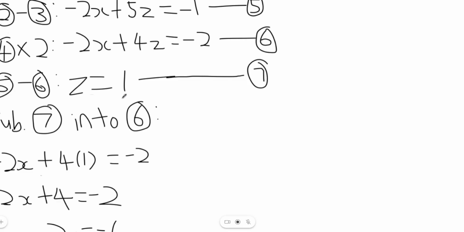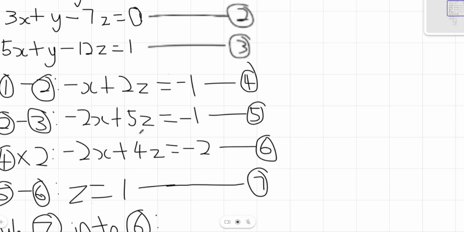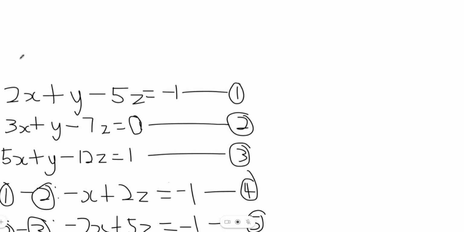Once we have found the values of x and z, we have to then substitute the values of these two variables into one of the equations on top to get the value of y. Because we already have the value. You have to vision this. We already have the value of x and z. And what's left is y.